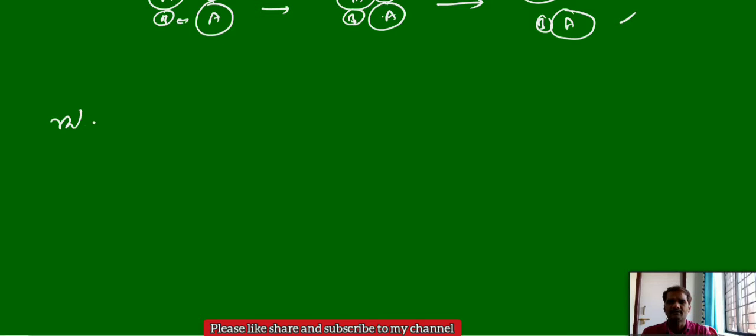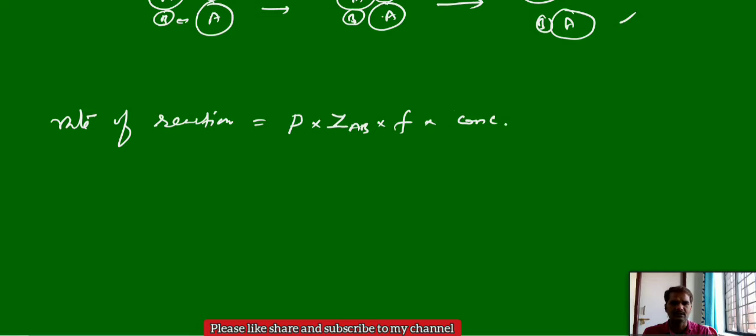You can write the rate of reaction like this: rate of reaction equals the probability factor, the orientation factor, generally represented with P, and effective collisions, and the number of molecules which cross the threshold energy, represented with symbol F, into the concentration of the reactants to the power of order, which we have already discussed. The overall rate of reaction depends on these factors.